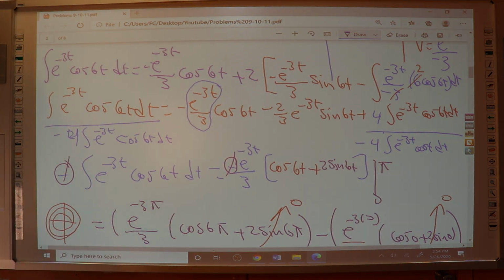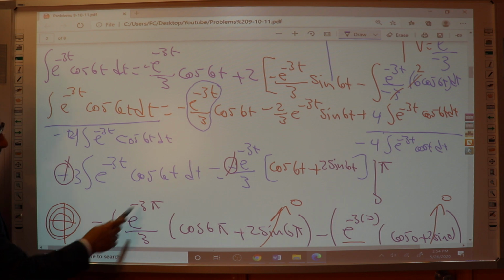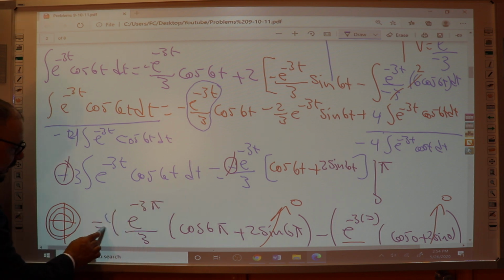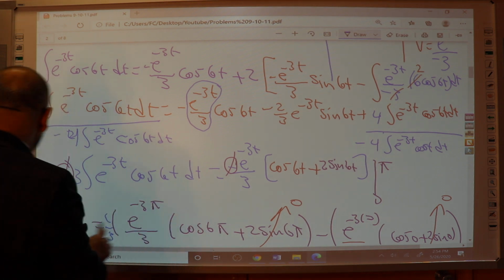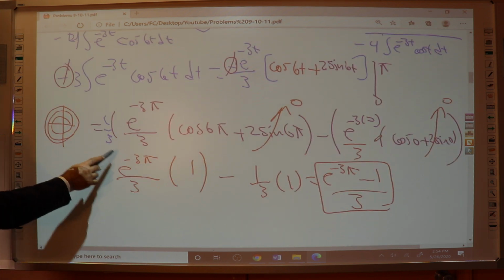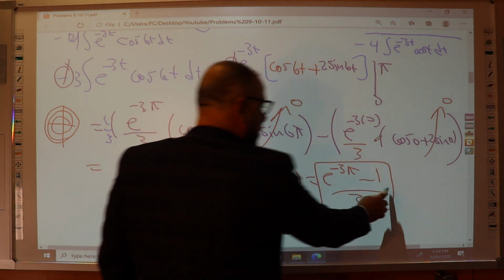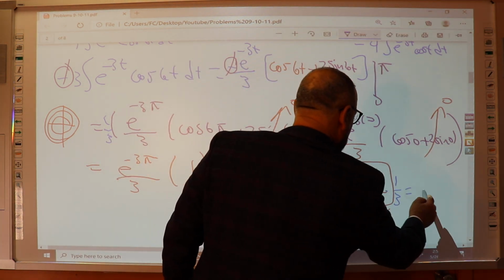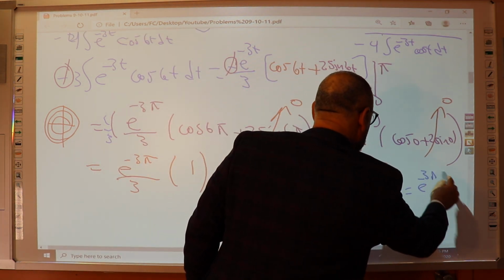Minus 4 is negative 3, right? Then we're going to divide this by negative 3, the negatives cancel. Divide 1/3, right? My final answer will be here: 1/3, we have 1/3 the blue, then the final time 1/3, which is e to the negative 3 pi minus 1.